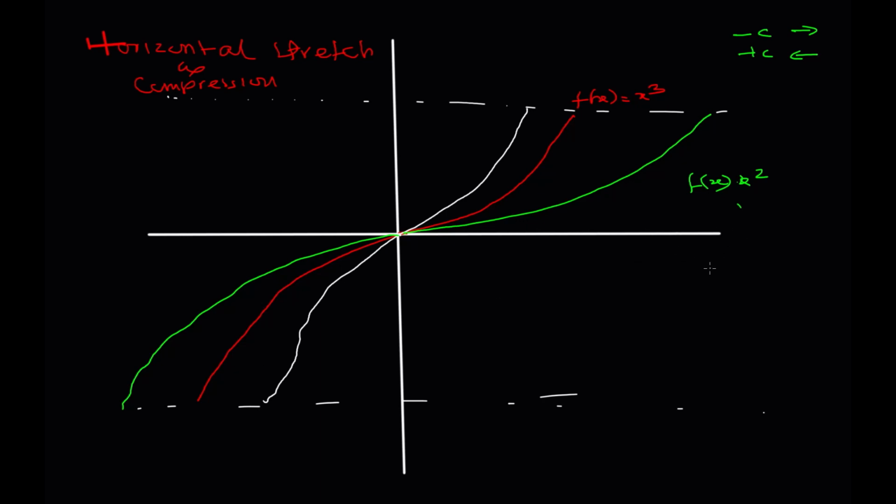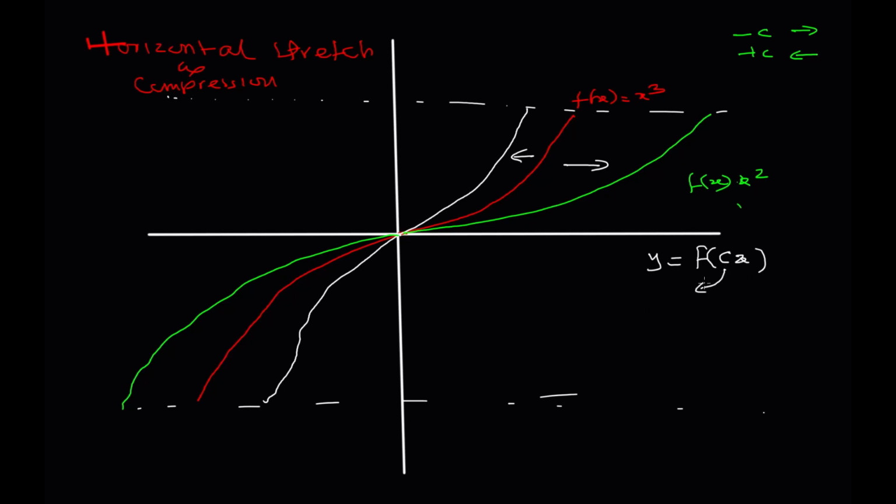If I came and said that now my new y is going to be f of x with a factor of c, f of cx, that now will either stretch the graph or it will compress the graph.